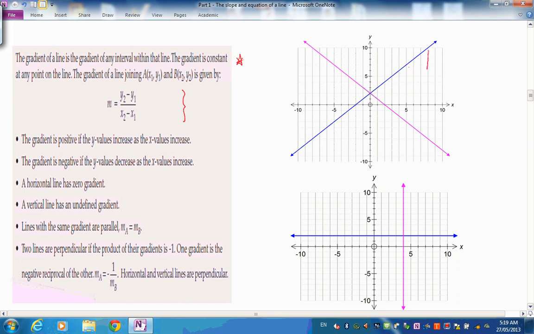No matter where you are on the straight line, the x step or delta x and the y step, that ratio would be the same between any points. What are we saying there? If you move along the line, then the amount you move across and up must always be the same.